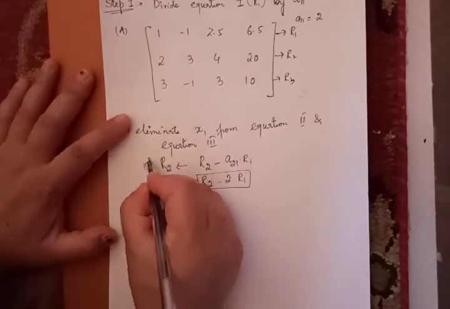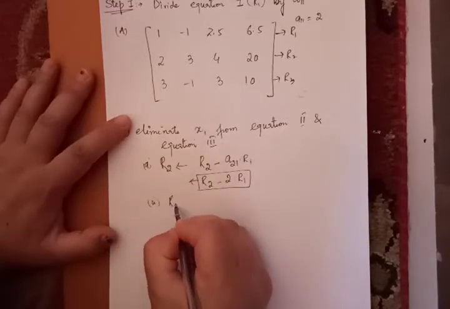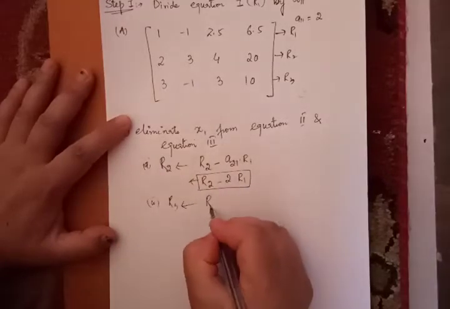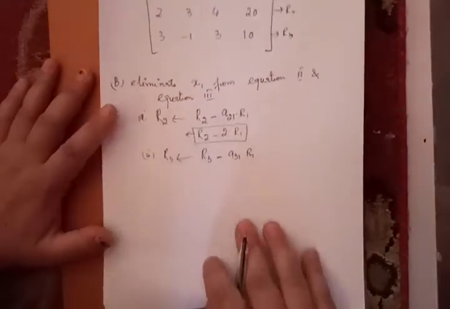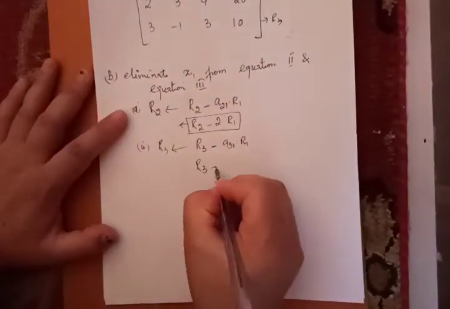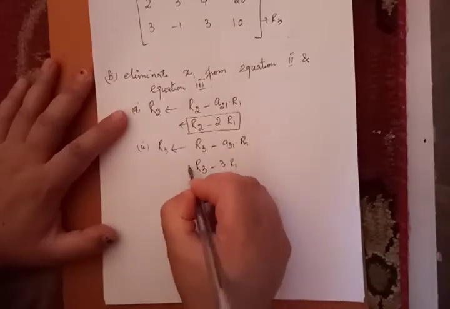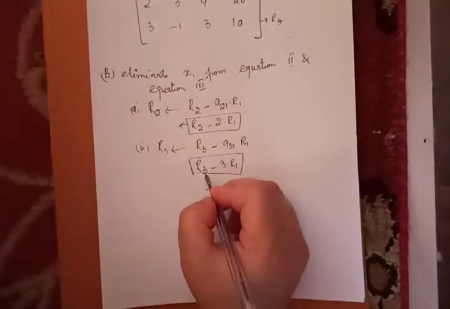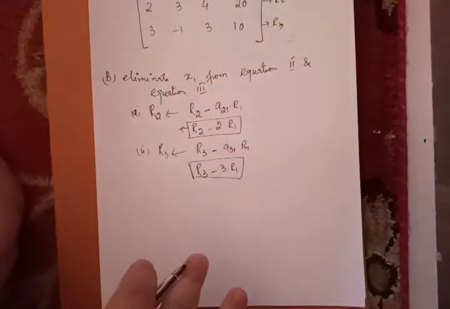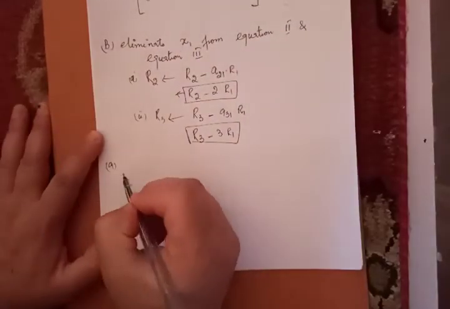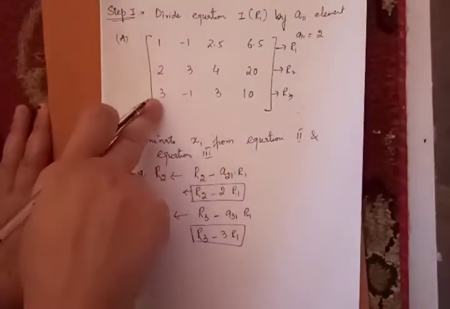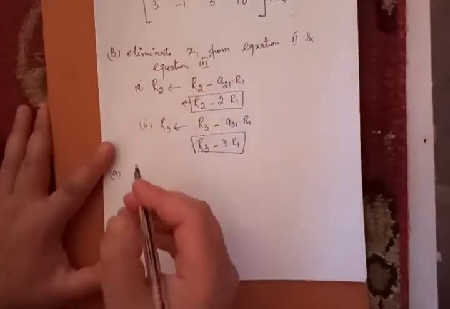Similarly, on row third, the transformation which we have to apply is R3 minus A31 times R1. This will be R3 minus 3 times R1. So these are the two transformations which we have to apply in order to eliminate x1 from equation number 2 and from equation number 3. Let us see how we can make both the elements equal to 0.